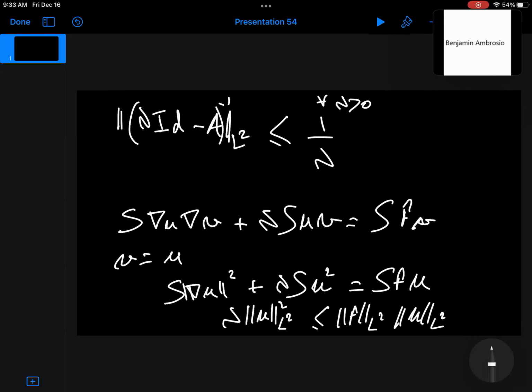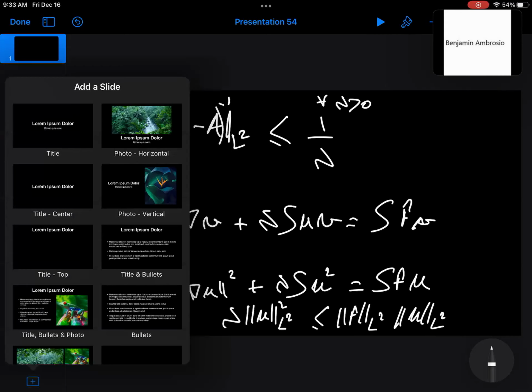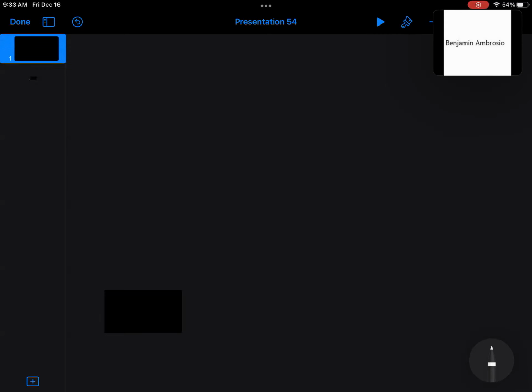Okay, so I'm done because now if I divide by the norm of u in L2, I obtain lambda times the norm of u in L2 is less than the norm of f.